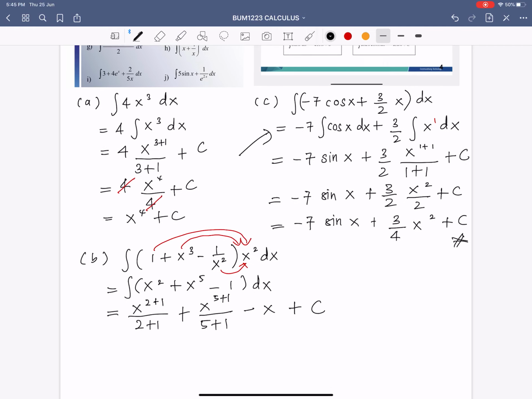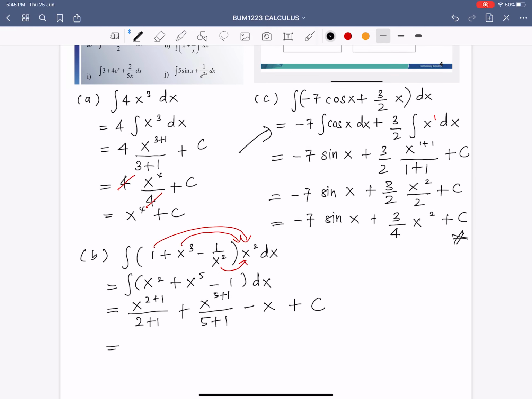So what's next? We want to simplify this. So x cubed over 3 plus x power of 6 over 6 minus x plus c. Okay, so this is the final answer for question B.